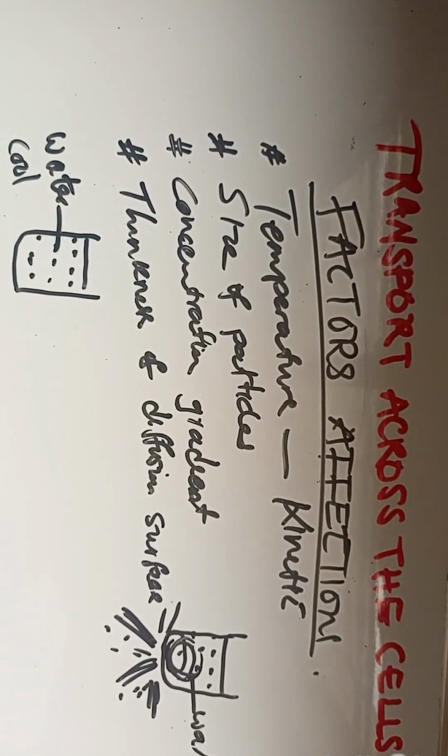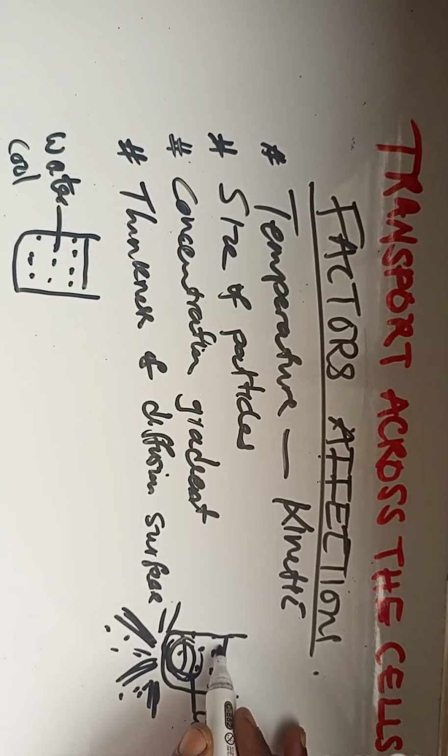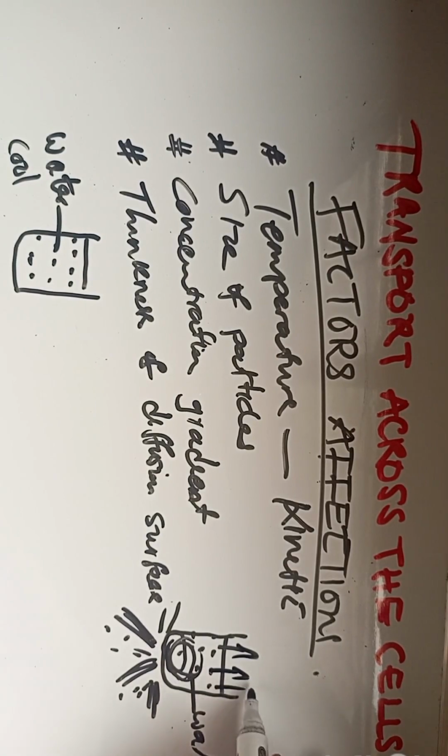As kinetic energy is produced, the particles inside the water will start colliding. As they collide, these particles will gain more kinetic energy. As a result, diffusion will take place. You will find that the water has started evaporating.